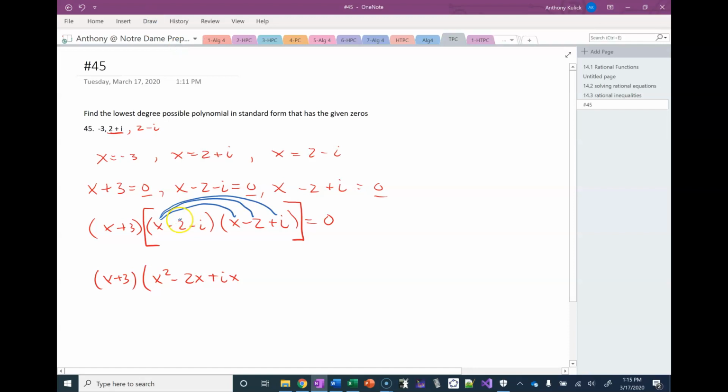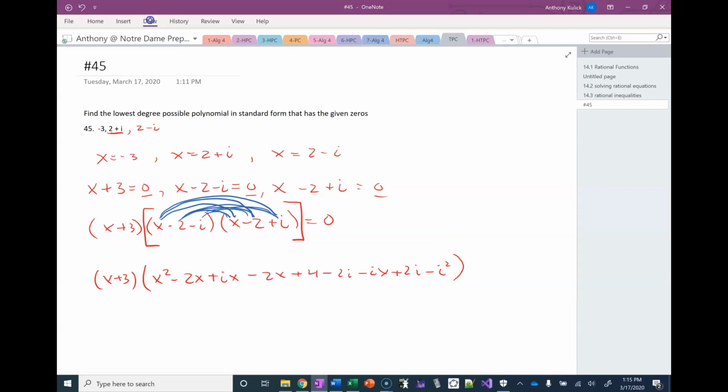And then I'll multiply the same thing with the negative 2, so I'll do that to each of the 3. That gives me negative 2x, positive 4, and negative 2i. And then I'll do it again with the negative i. That's going to give me negative ix plus 2i minus i squared.